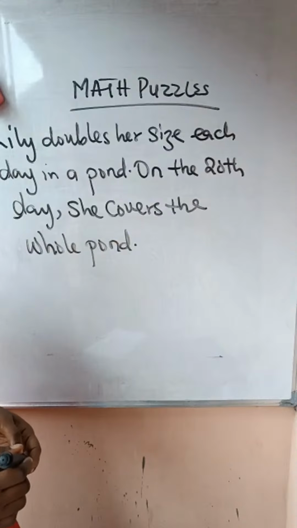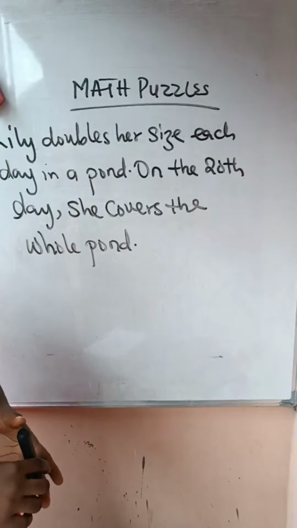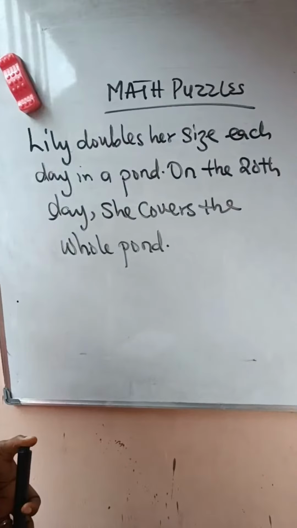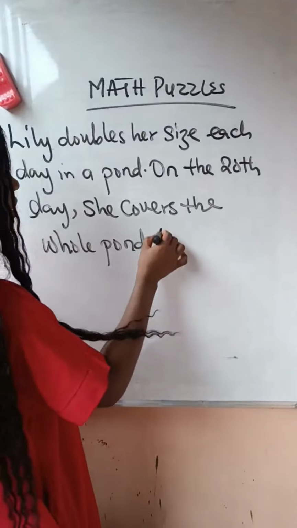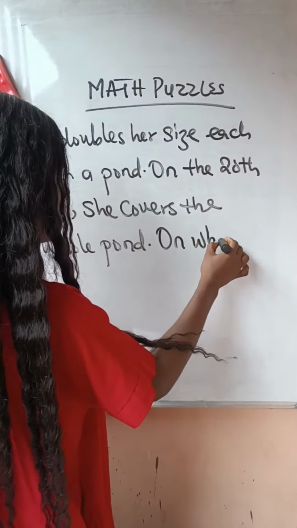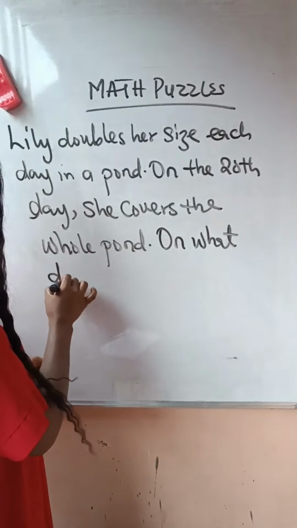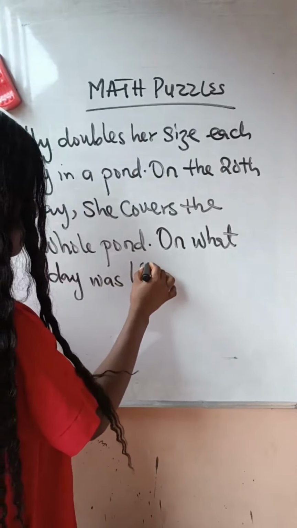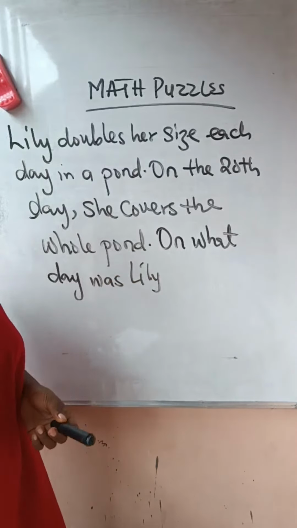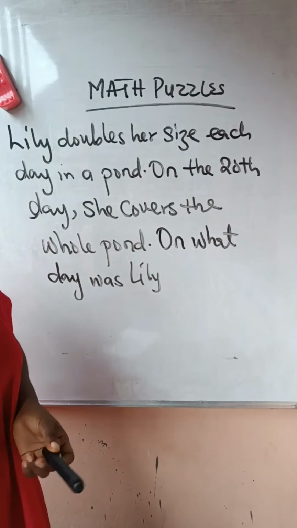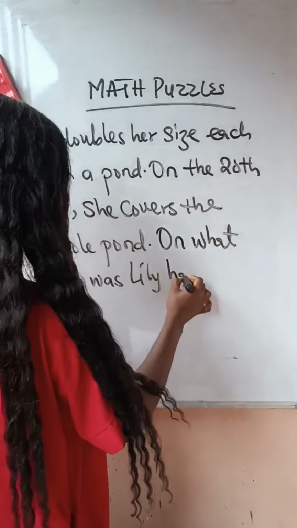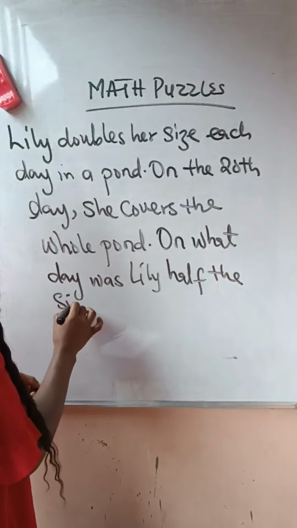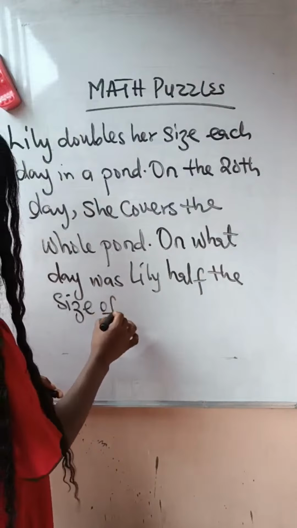So the question now is saying, on what day was Lily half the size of the pond?